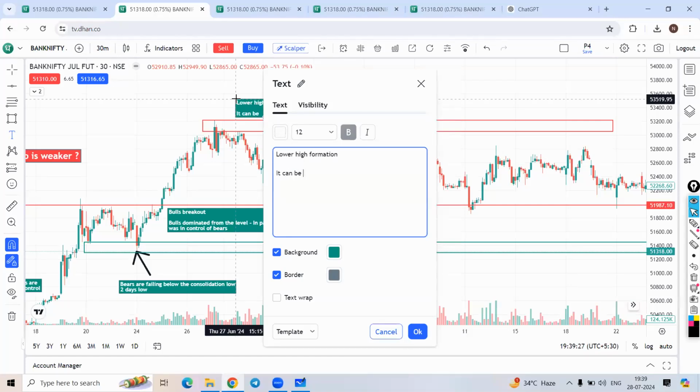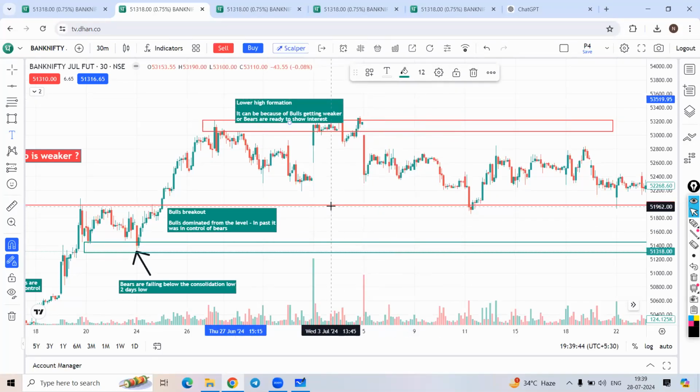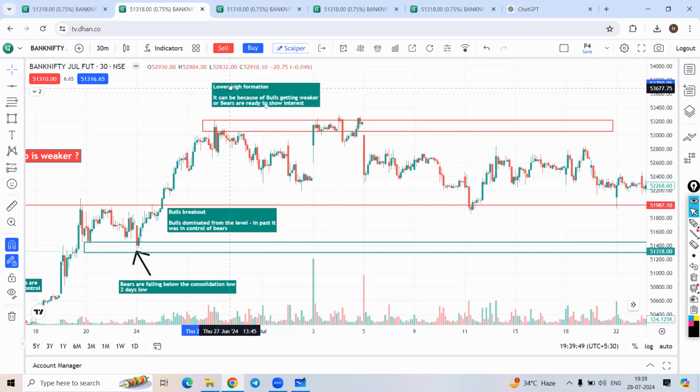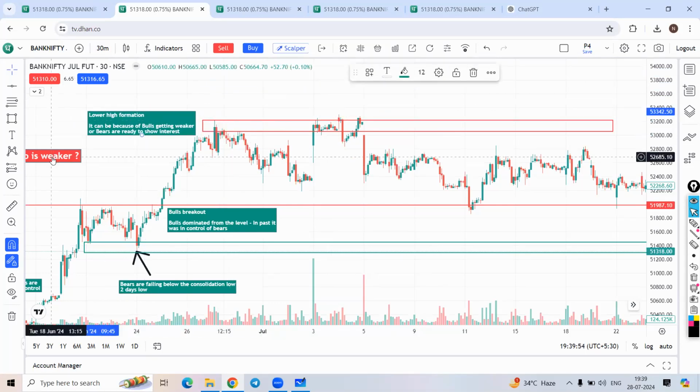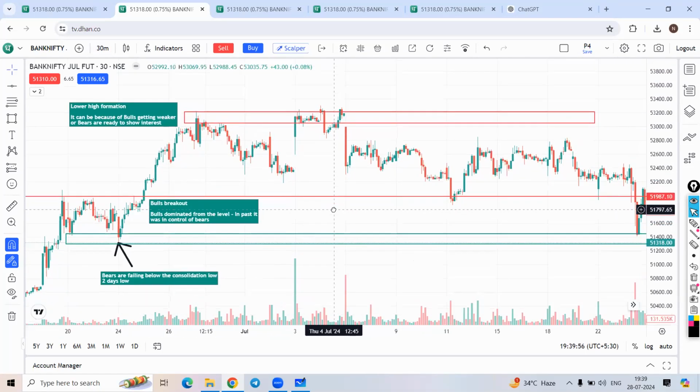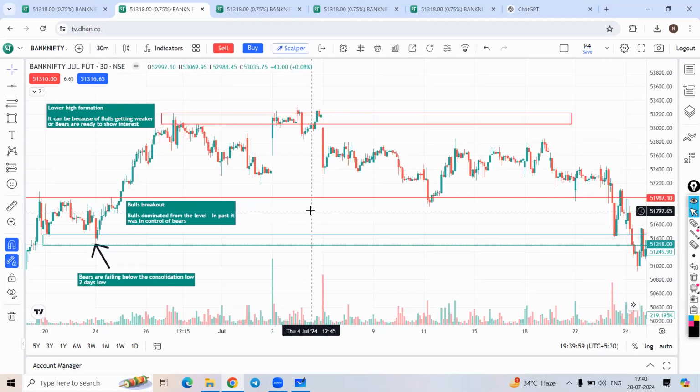It can be because bulls are getting weaker or bears are ready to show interest. Can be because of two cases. Clear enough? These three should be very clear here. I believe these three things are clear. Why these level zones, everything is marked. Clear enough.